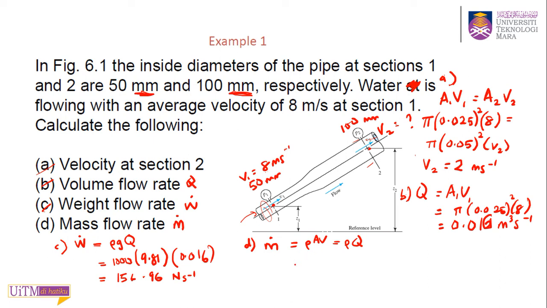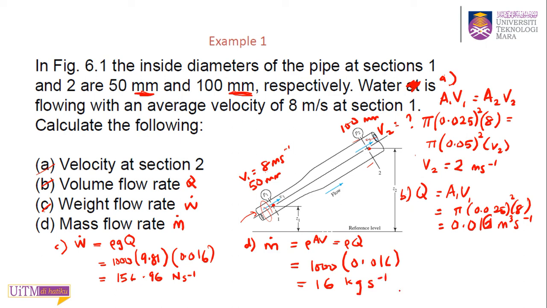So you can use your Q. So this is rho 1000 times Q, 0.016, and this should give you 16. The unit? Kg per second.